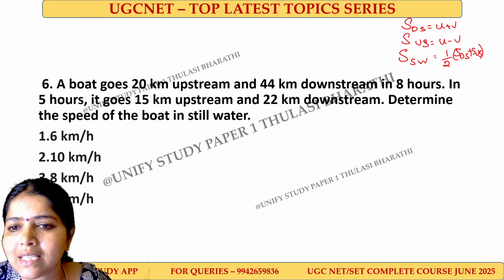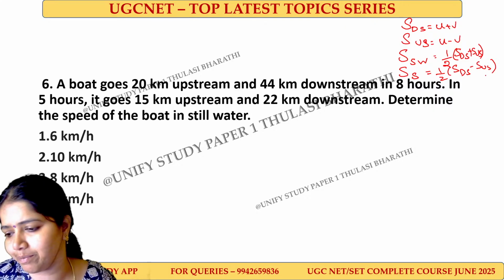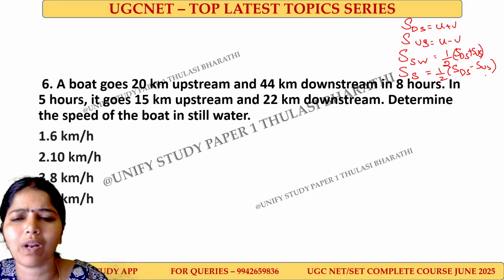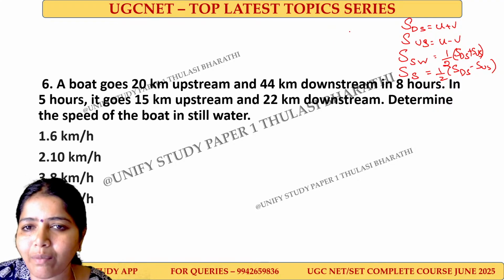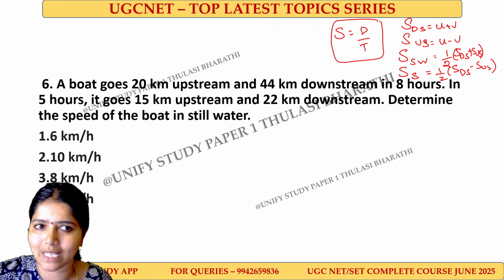Similarly, speed of the stream is equal to 1 by 2 of the speed of downstream minus the speed of upstream. Clear? And one more formula: speed is equal to distance divided by time. You have to write these formulas down for boats and streams.